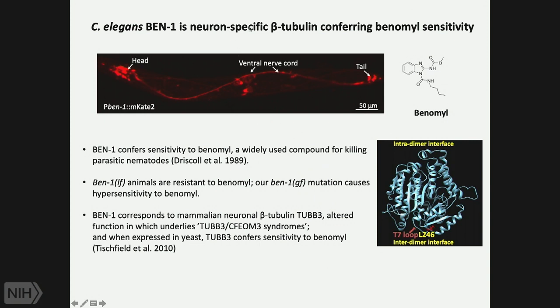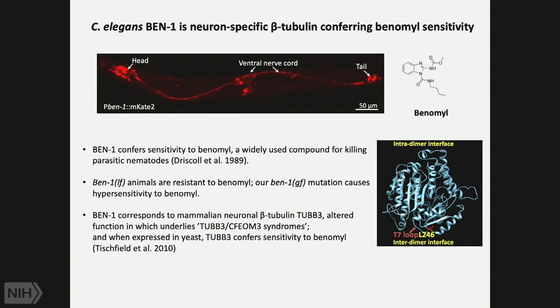BEN1 is a neuron-specific beta-tubulin. It was isolated because worms are sensitive to a microtubule drug called benomyl, and when they grow on benomyl they eventually become sterile and die. Loss of function of BEN1 is resistant to benomyl, and they grow on the drug perfectly fine.